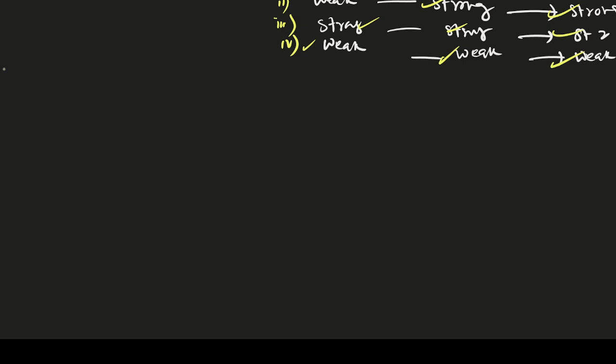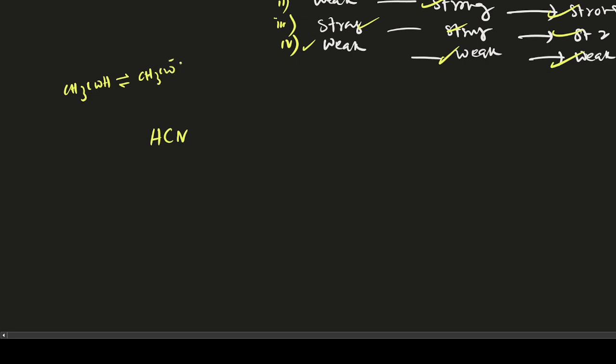So let's say if I write HCN, or anything, let's say HCN. This is a weak electrolyte because this H comes from a weak acid, so this is weak, and CN is also from a weak base, so both components are weak, so this comes from a weak electrolyte.